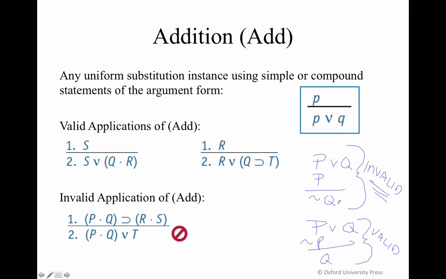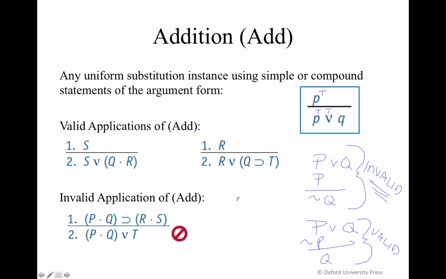Now, why is that? Well, let's go back to our truth functionality of the wedge. Think about this statement as true. If P is true, then it's true that at least one or the other is the case, right?